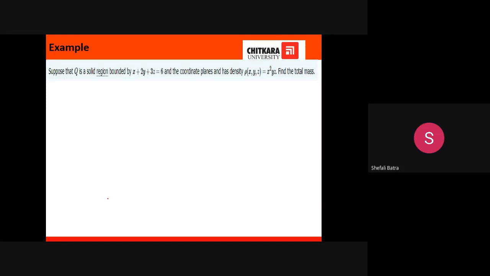Right? Now tell me what formula we'll be using. What is the difference between this question and the previous question? Ma'am, in this question we do triple integration. Triple integration, and the previous question was about double integration, right? Yes. So first of all, you need to draw this region, x plus 2y plus 3z is equal to 6, and the coordinate planes.